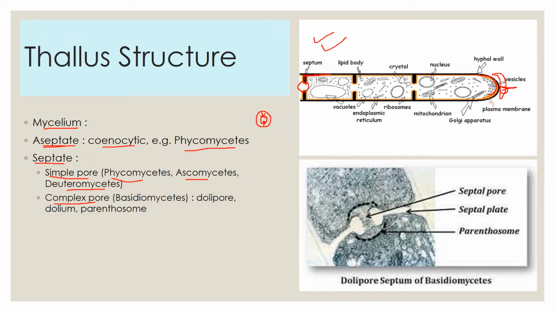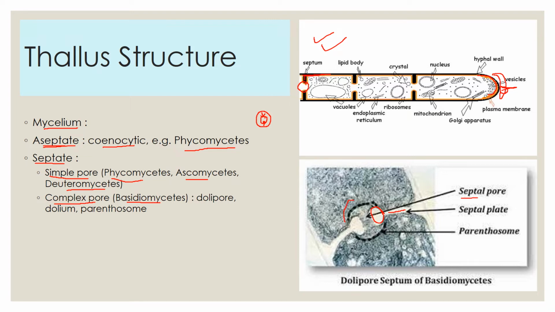It is found in the Basidiomycetes mostly, and it consists of a central pore. It has a septal pore and a thick annular rim-like structure that is called the septal thickening, and this is the septal plate, and the pore is girded by a collar-like structure.